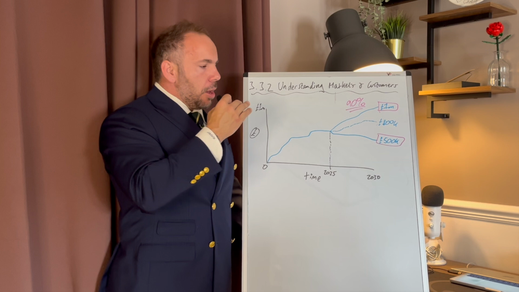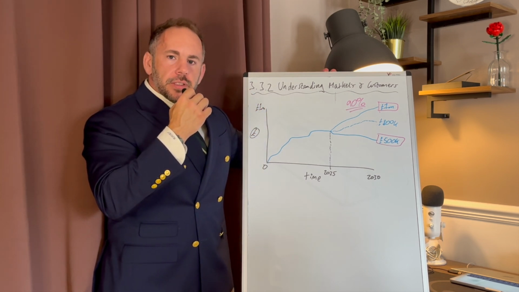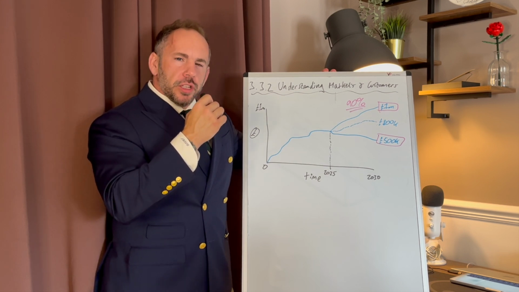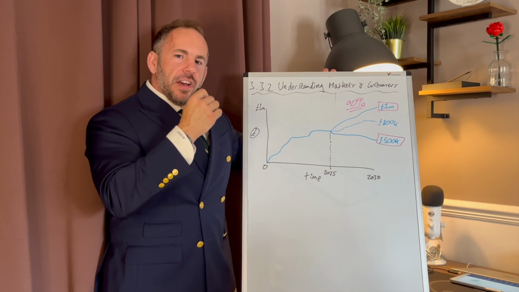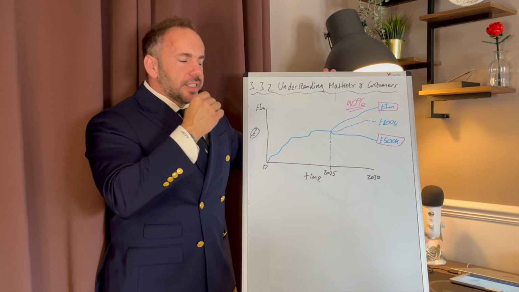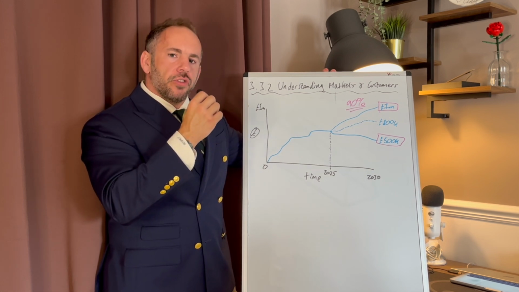So I'm predicting by 2030, my business will be making £800,000 in revenue. But I'm also certain for 95% confidence intervals that it's going to sit somewhere between £1,000,000 and 500K.